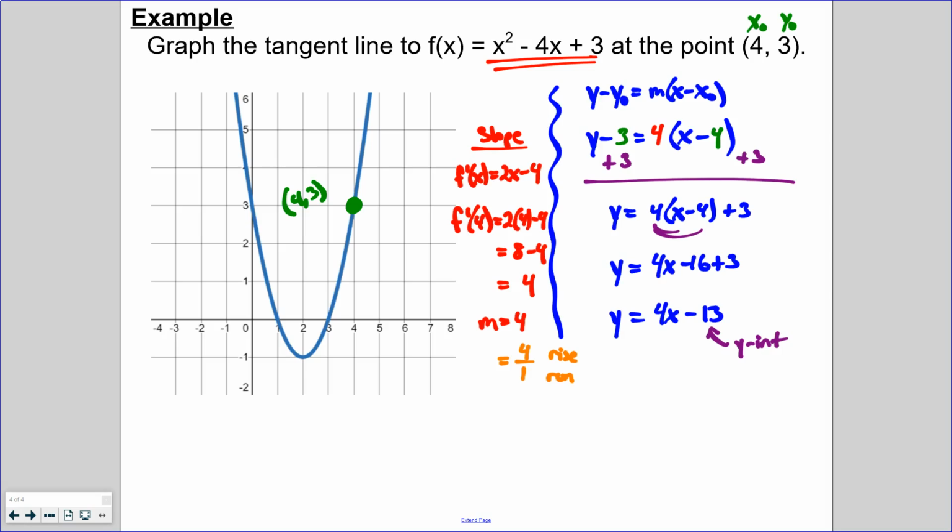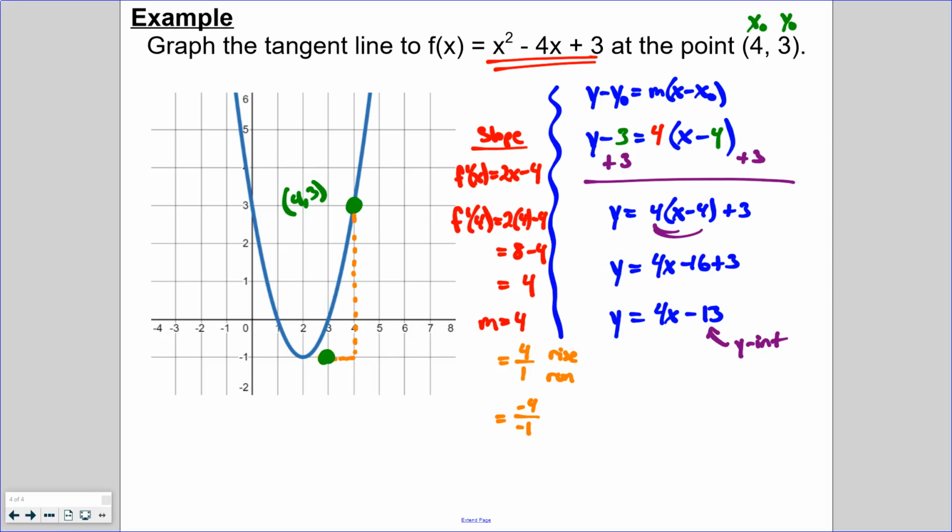So from the point we're given, we're going to rise up 4, but then we run into another issue of we can't actually go up 4. So that means we need to reverse everything. So we're going to go negative 4 over negative 1. So we'll go down 1, 2, 3, 4, and over 1. And we'll put our second point there. Actually, let's put that in green so it matches.